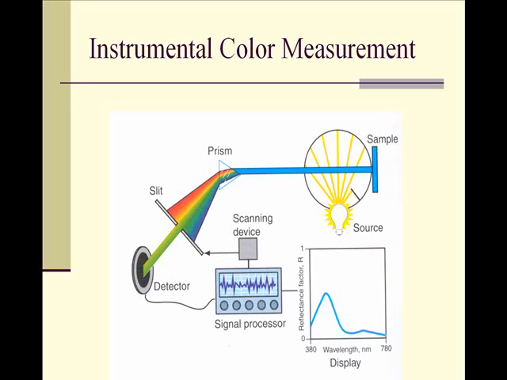We have a slit that's controlled by a scanning device that looks at each individual wavelength in the detector. Then we use some computer software to analyze that and massage the data, and it produces directly a spectral curve. And that's a spectral curve for the blue color that we see in the sample there. It shows reflectance at each wavelength through the visual spectrum. So that's how our instrument actually works.